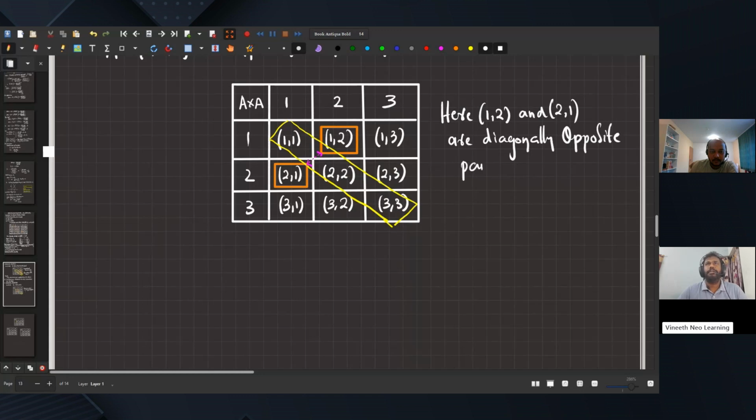Diagonally opposite pairs means (x,y) and (y,x). Such a relation is called symmetric. Symmetric relation definition.